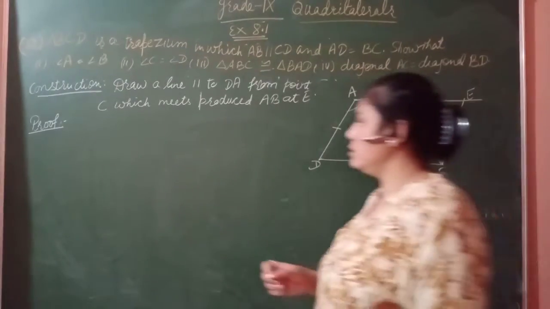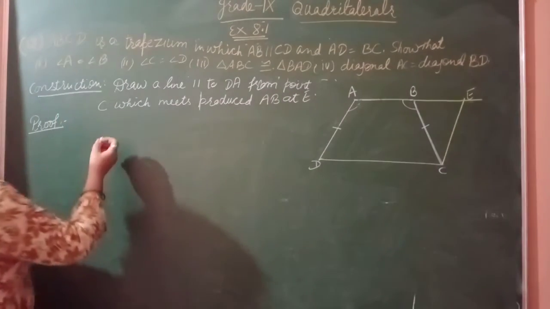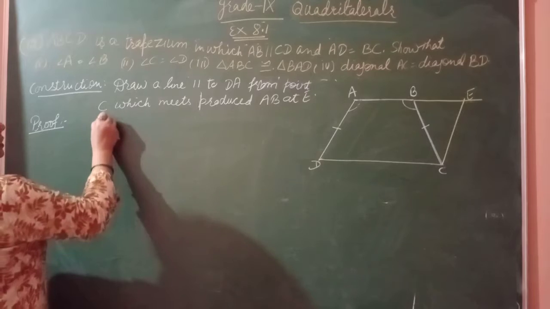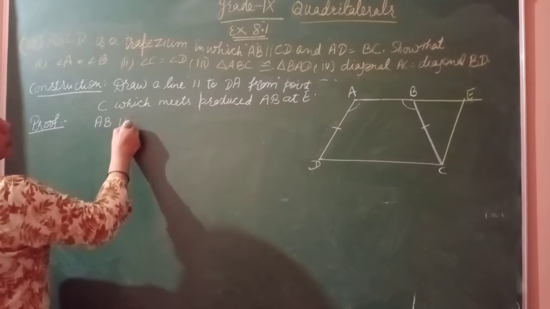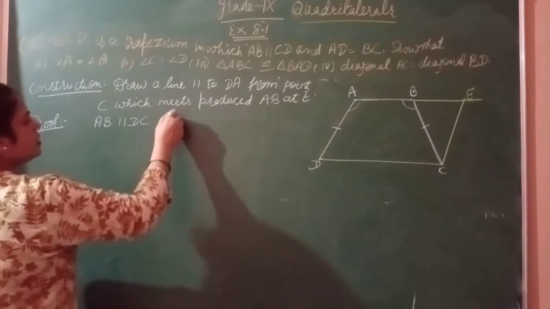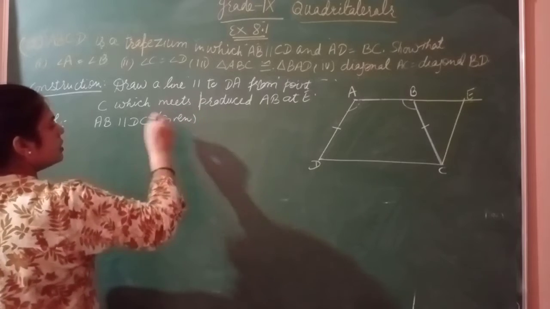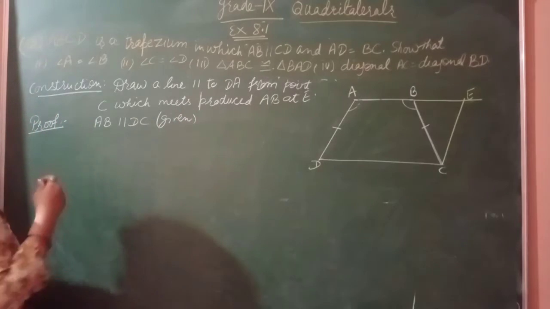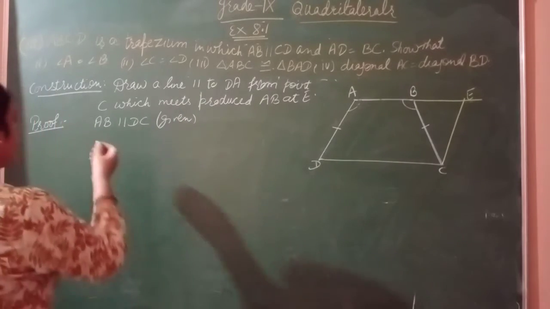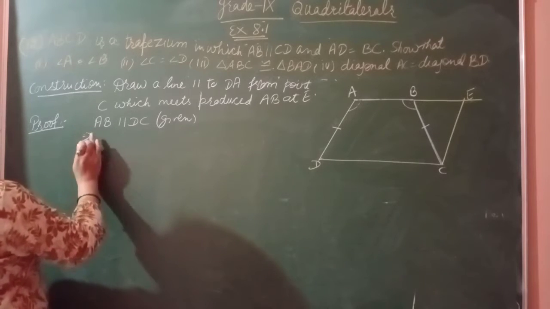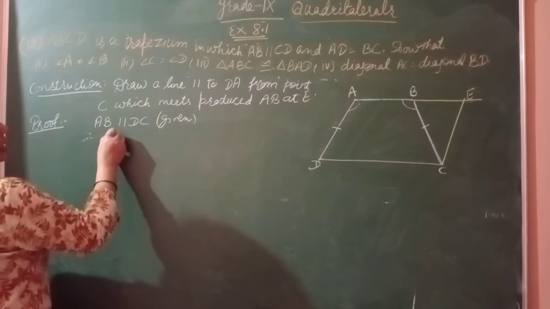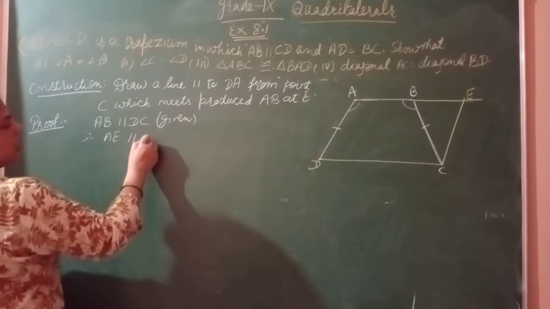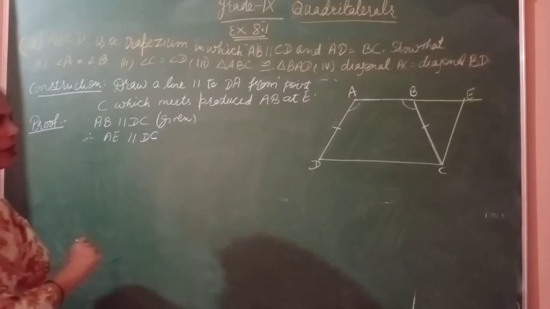So AD is parallel to DC, this is given. So therefore AE is also parallel to DC. Clear?